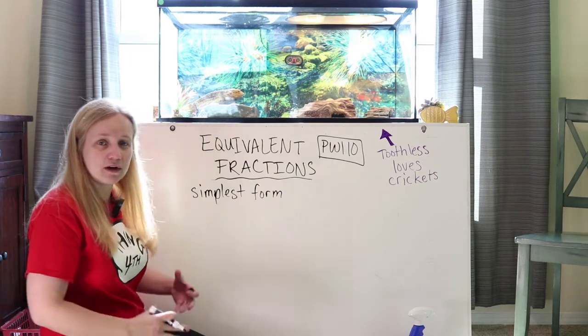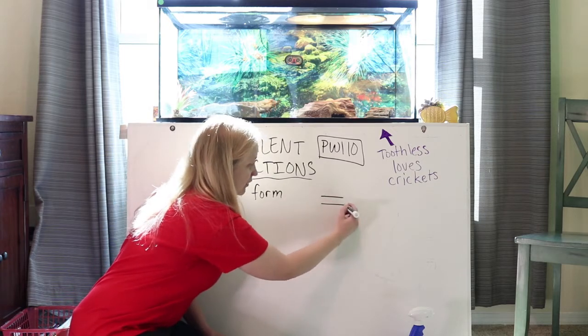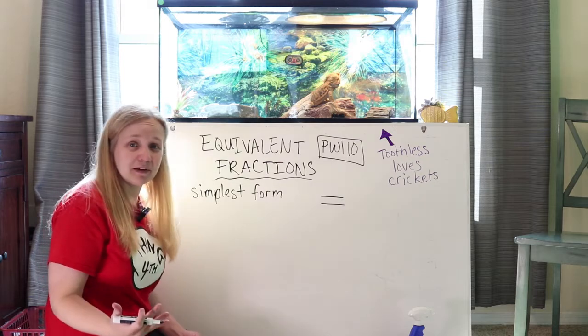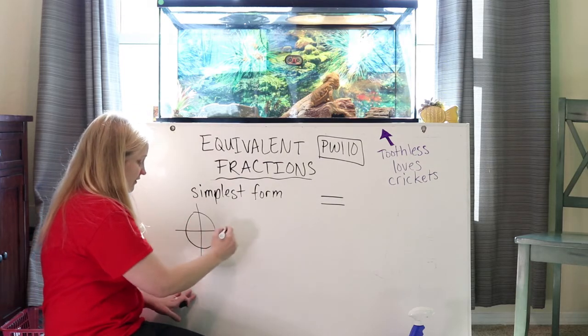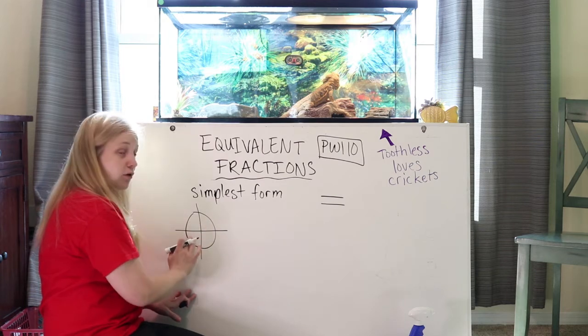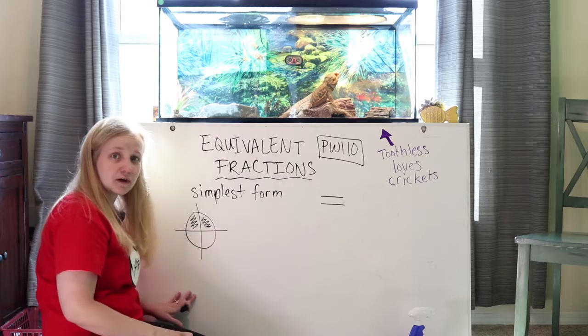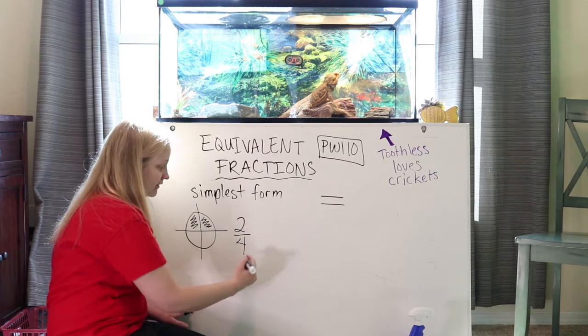So let's talk about what equivalent fractions are. Equivalent just means equal. They have the same value. Remember in the last video, one of the best places to start is to say, if you have a circle and you divide it into 4 parts, and you're talking about having 2 of those parts, your fraction is 2/4.